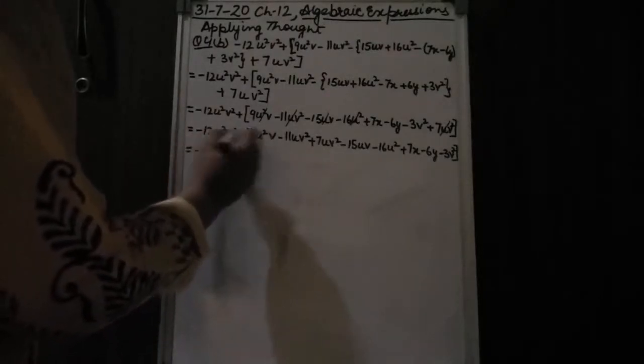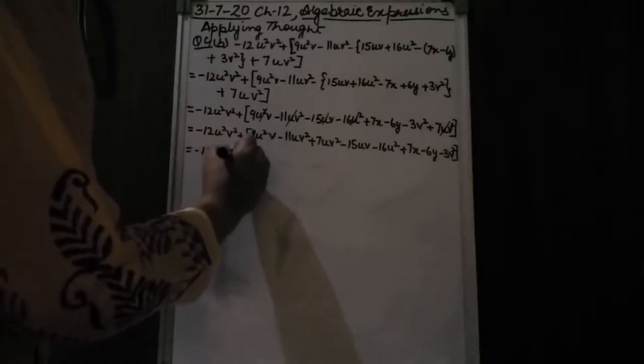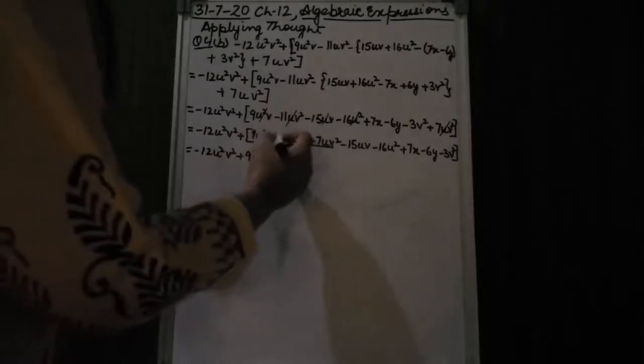Is this clear? Now remove this bracket also as positive sign, so nothing will change. 9 u square v. These were like terms. Now in this step you can add it.